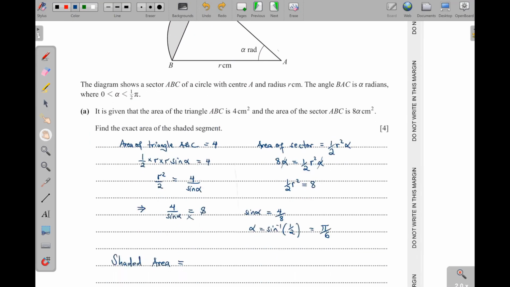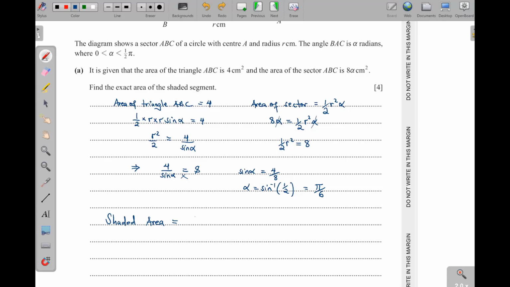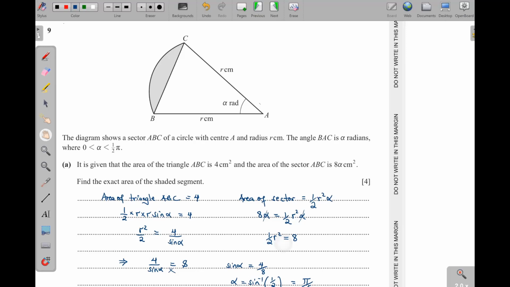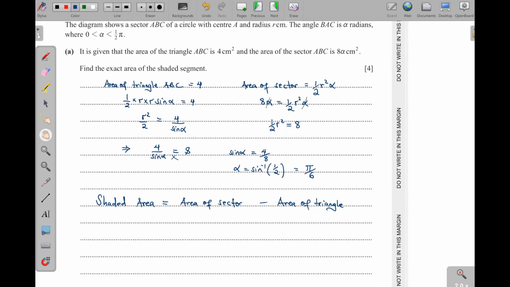So area of that segment is going to be equal to area of sector minus area of triangle. Now the sector is ABC, the triangle is also ABC.